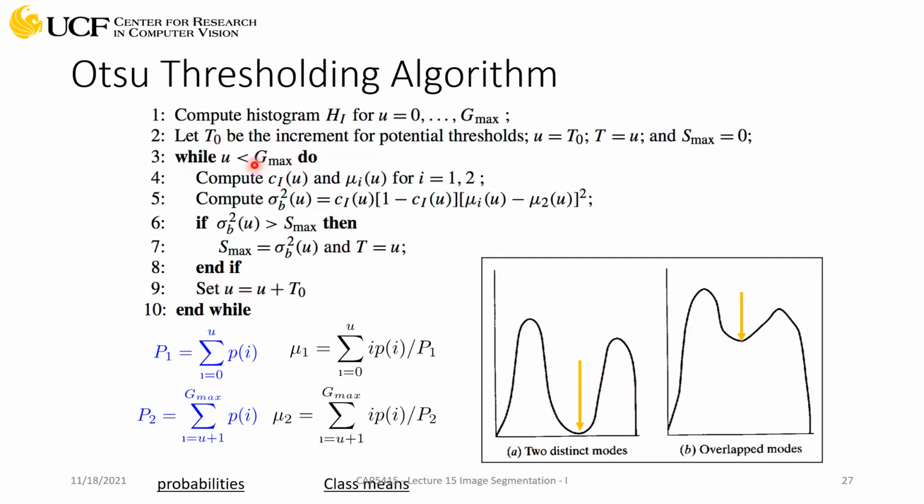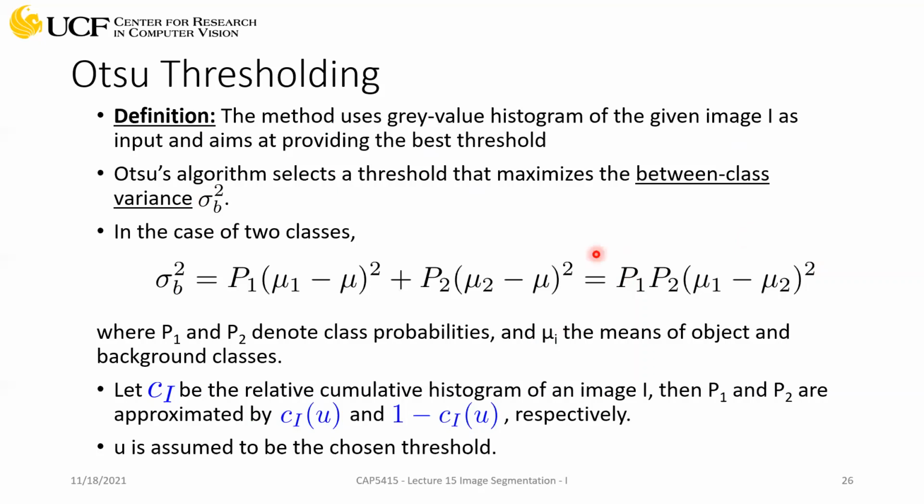What the algorithm is trying to do is find the optimal point, the threshold point, which will maximize the interclass variance. All right, so that's exactly what this algorithm is doing. Now, before going through the algorithm, let's first understand how you can compute P1 and P2 and mu1 and mu2, because that's exactly what you need to compute between class variance.